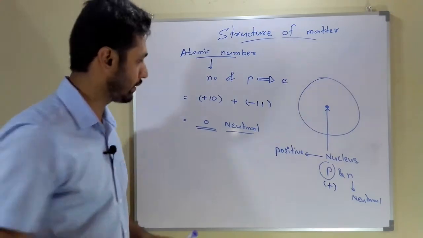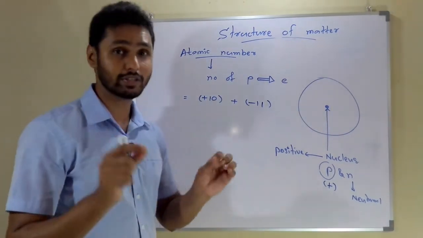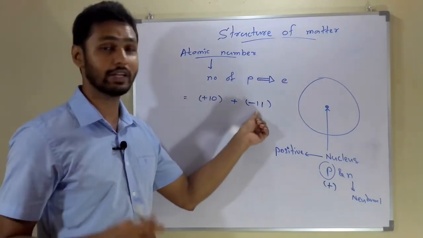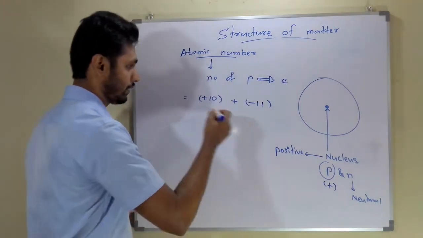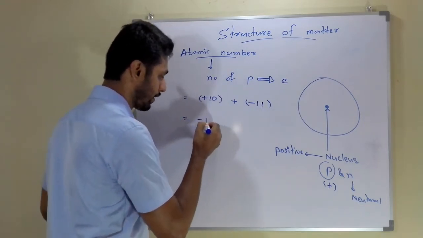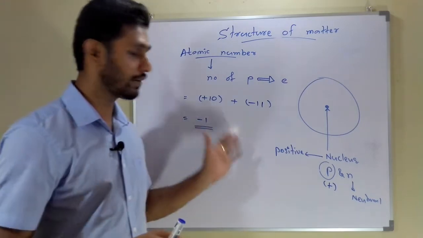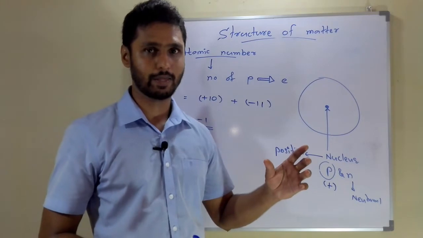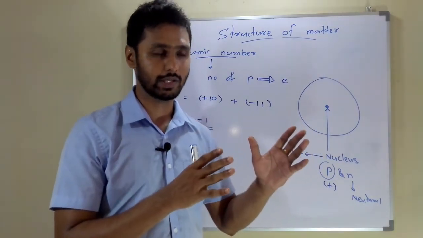So you can see this atom is not neutral now, because the number of protons and the number of electrons are not equal. So plus 10 plus minus 11 means minus 1. This is not neutral now. So this kind of atom is known as an ion. That means charged ions.